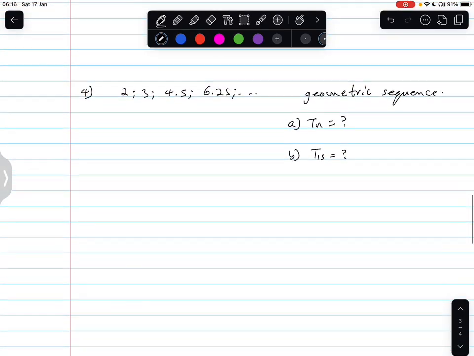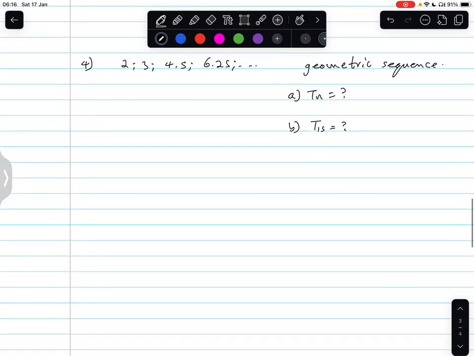One more, the geometric sequence. With the geometric sequence, the general formula is Tn equals a times r to the power of n minus 1. A is the first term, therefore it equals 2. This one is the first term, T1. Then the value of r, we find it by doing what?